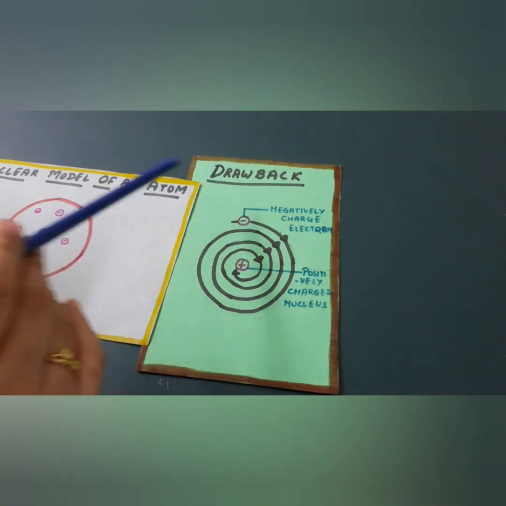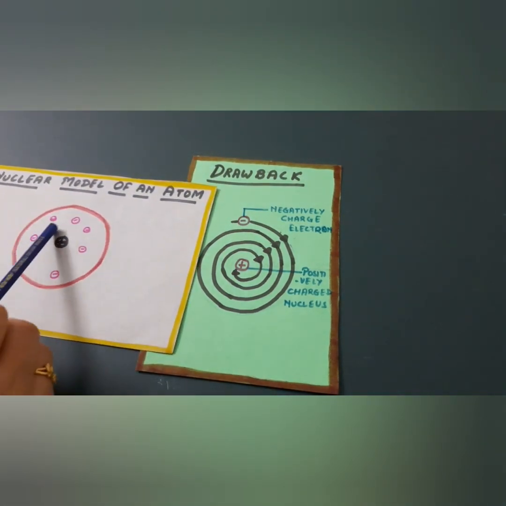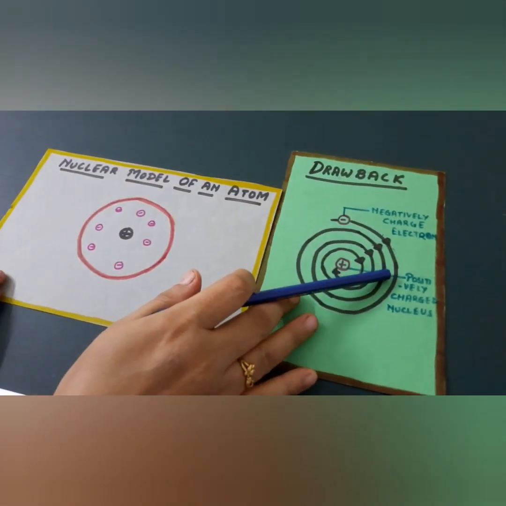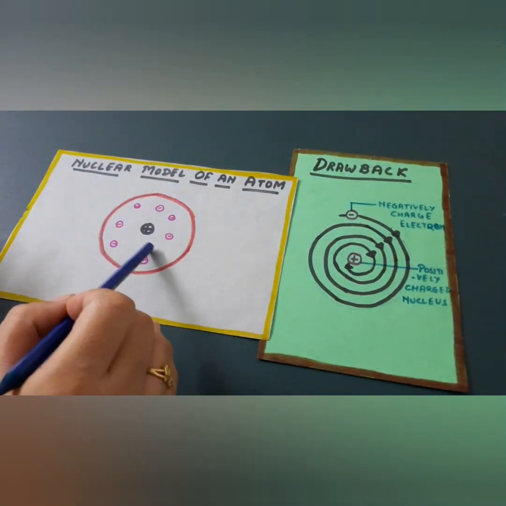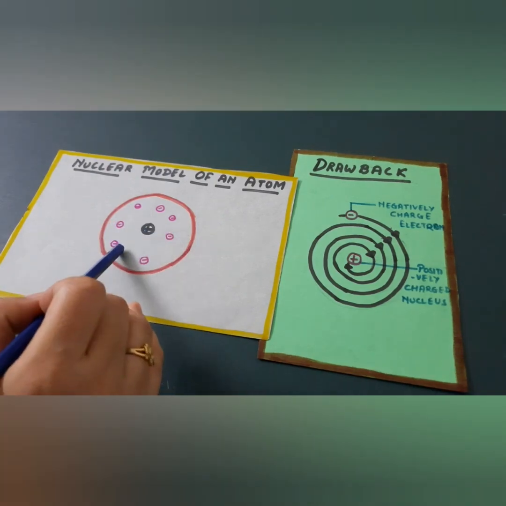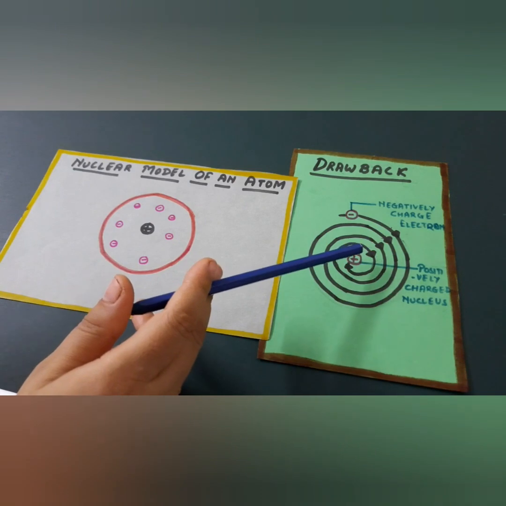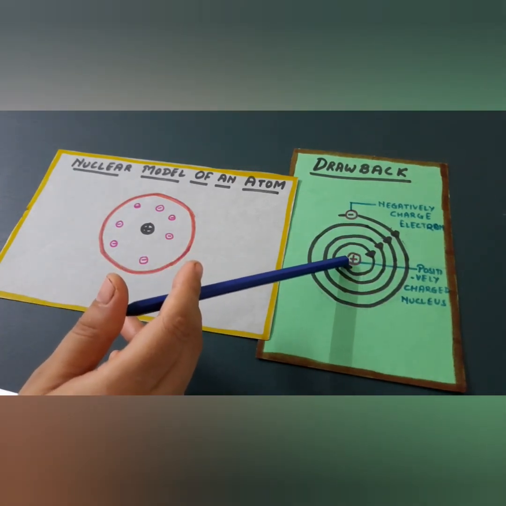Another drawback was that he was not able to explain the orbits of these electrons, how they revolve around the nucleus. So these are the two main drawbacks: he was not able to describe the orbits, and the electron will fall into the nucleus because it radiates energy.